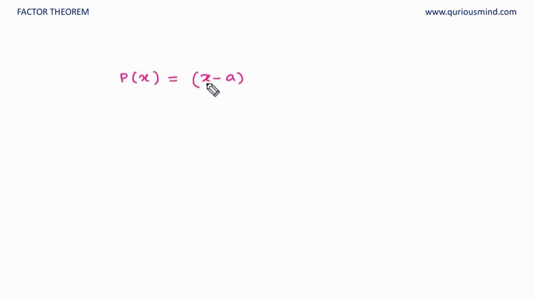If we divide P(x) by x minus a, then we get a quotient Q(x) and a remainder R(x). Since the degree of the polynomial x minus a is 1, the degree of R(x) is 0. So this becomes P(x) = (x minus a) into Q(x) plus r.